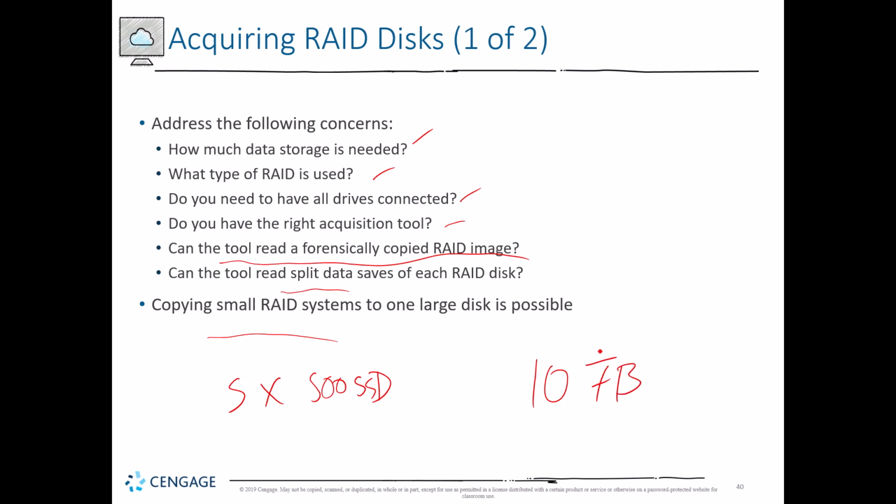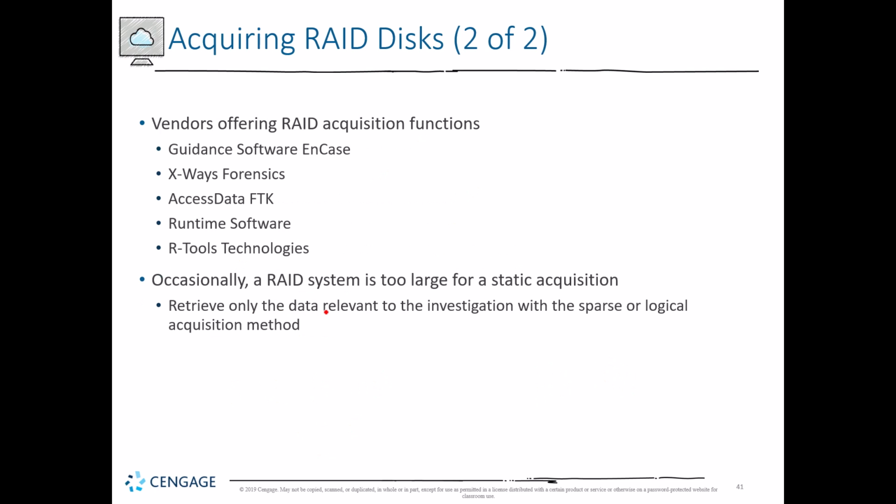The problem is we're going to lose some speed, but we can easily capture all 2.5 terabytes of raw data of the SSDs and copy them to a 10 terabyte mechanical drive. So yes, you can do smaller RAID arrays to a single disk when you have a large disk.